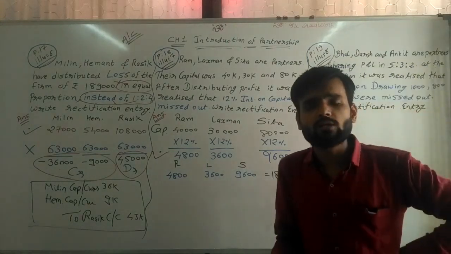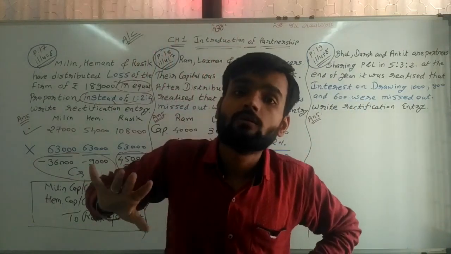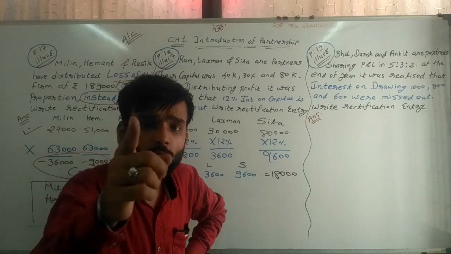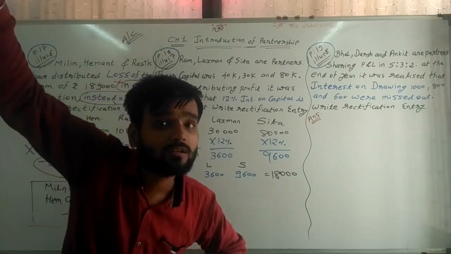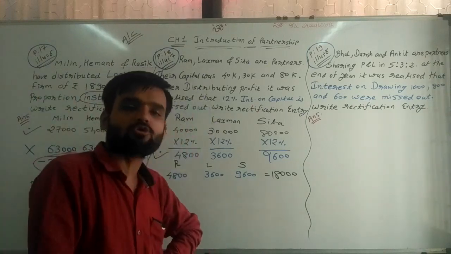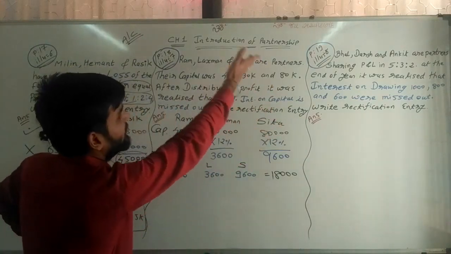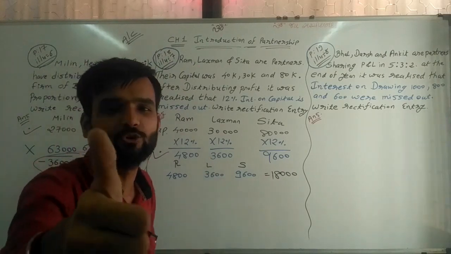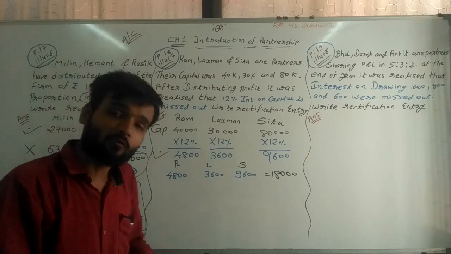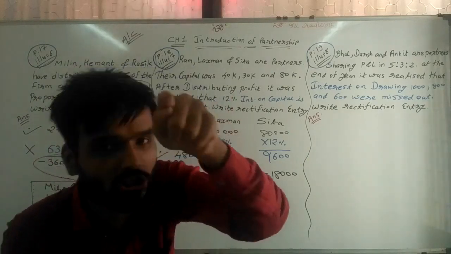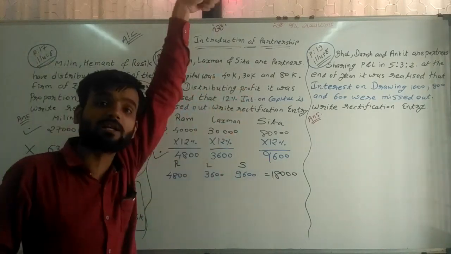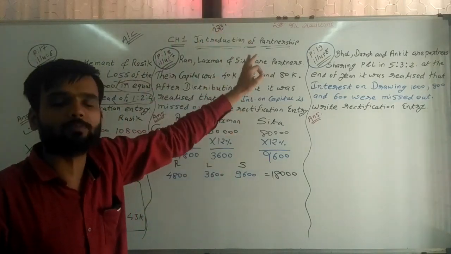Now what is the wrong calculation? Sir, we have distributed the profit without giving this interest effect. Now in which proportion was the profit distributed? Remember, sir, profit was distributed in equal proportion. Why equal? Here the P&L ratio is not given to you. That's why equal proportion. Otherwise, it is distributed in the profit and loss ratio. But here the P&L ratio is not given. That's why as per the 1932 Act, we have to take equal proportion.